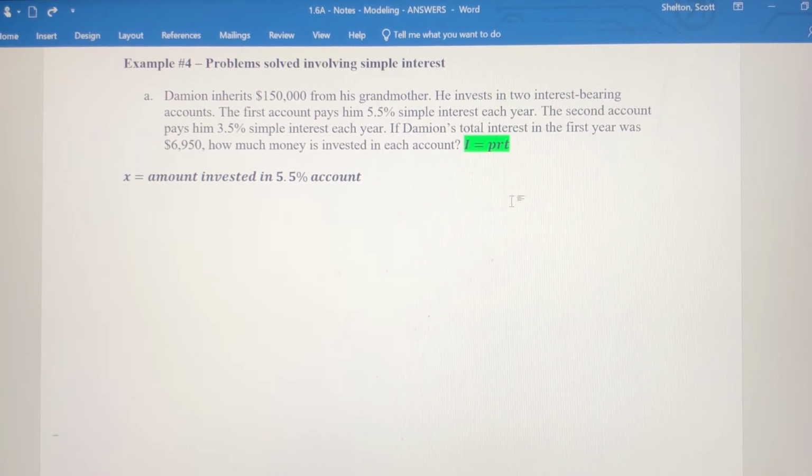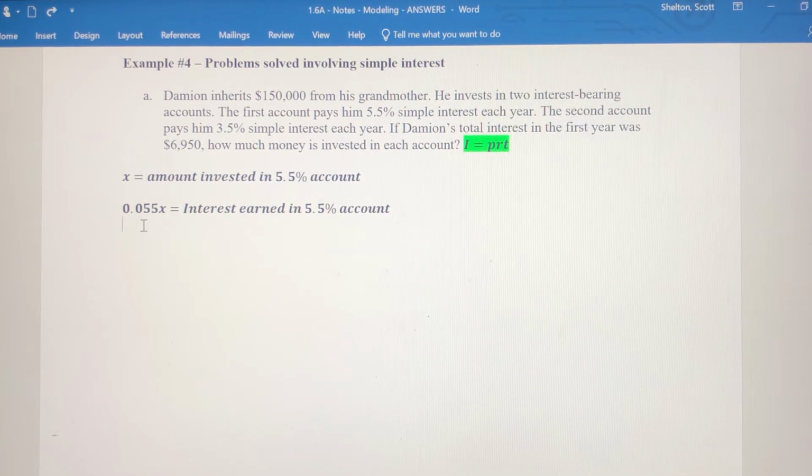So the amount of interest that's going to be earned is this percentage as a decimal times that amount invested. So 5.5% as a decimal is 0.055. Multiply that by the amount invested, and that's going to be the interest earned in 1 year. We're talking about the first year only.